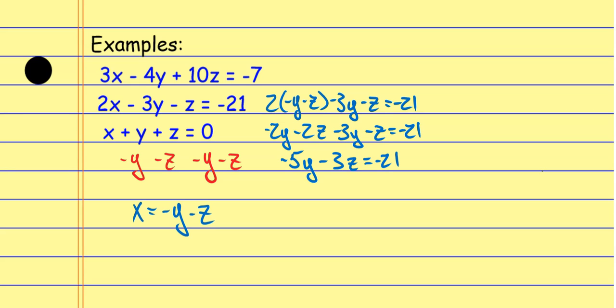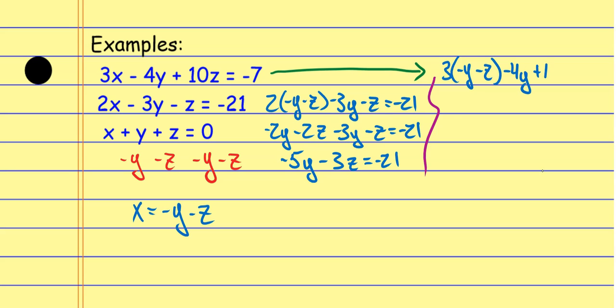And so now I have to continue the process. I have to substitute again. Let me do this other equation. And I have to do it in here. Ready? If I substitute into that one, again, I'm replacing x with that negative y minus z. I have to do the substitution twice. That's what makes this thing work, is doing that same thing that we've done, but doing it multiple times within the same problem. And now once again, I'm gonna simplify.